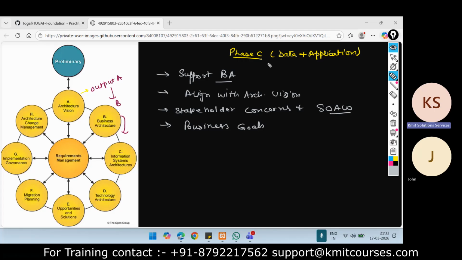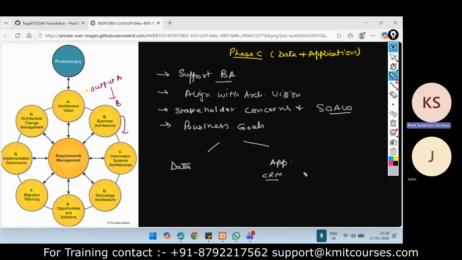So as I mentioned, this particular phase, phase C, is divided into two parts. One is related to data architecture, and the second is application architecture. In application architecture, you are basically defining the application system. For example, you have a CRM application, which is customer relationship management, right?